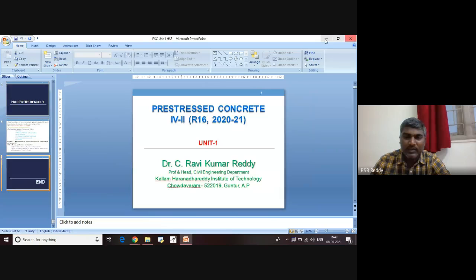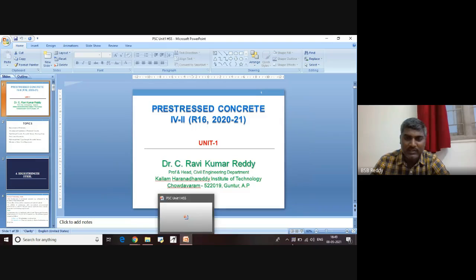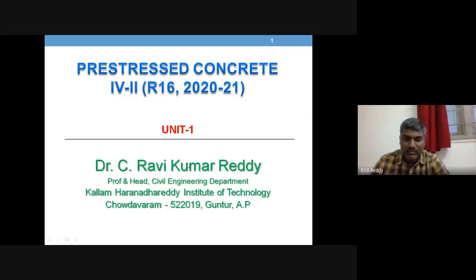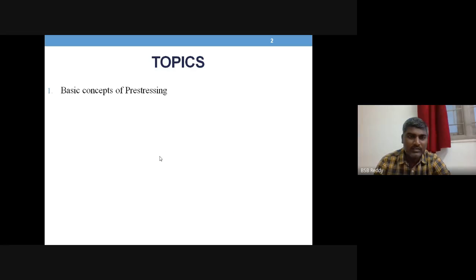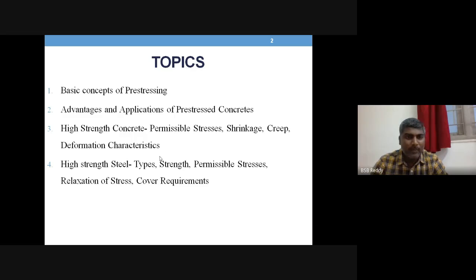Then going to high strength steel is the content that we have been discussing in the last few sessions: types of high strength steel, and then strength properties, I mean strength values, permissible stresses. And just like creep for concrete, there is a property called relaxation of stress, and cover requirements for steel.